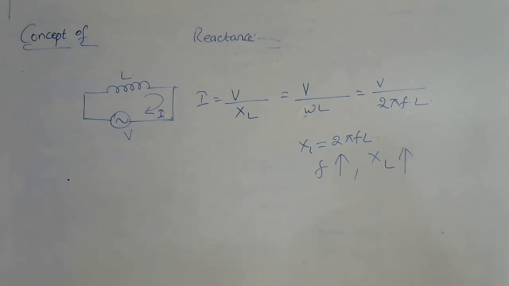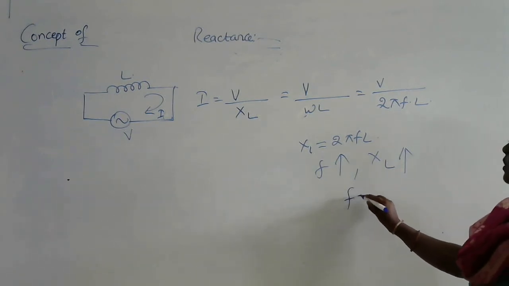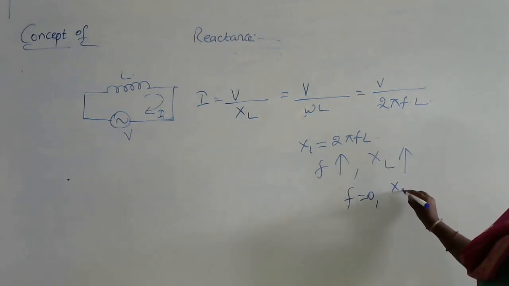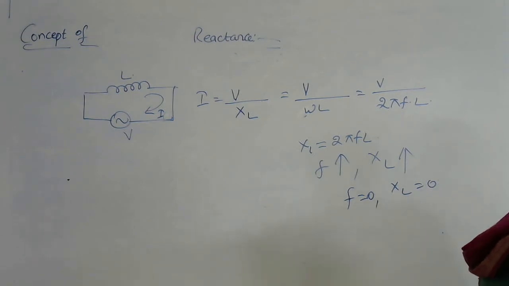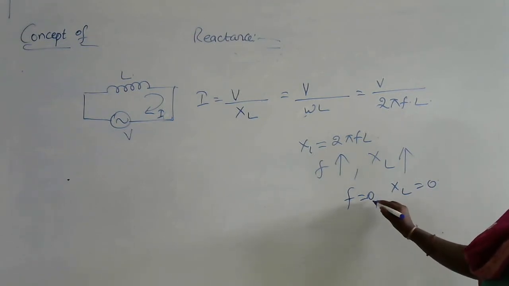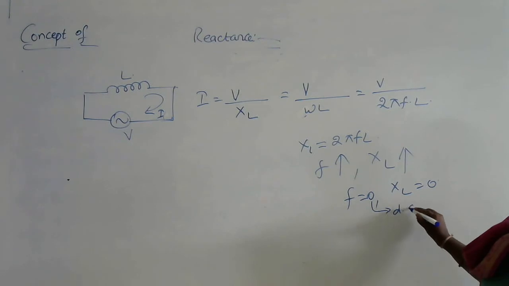So here we can define it as the opposition offered by a circuit whenever there is a rate of change of current in a circuit. If frequency is equivalent to 0, then XL will also be 0. For DC circuits the frequency will be 0.